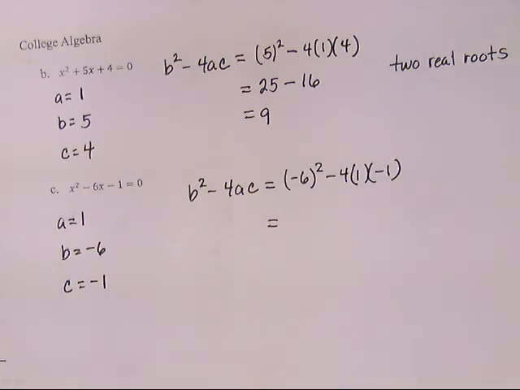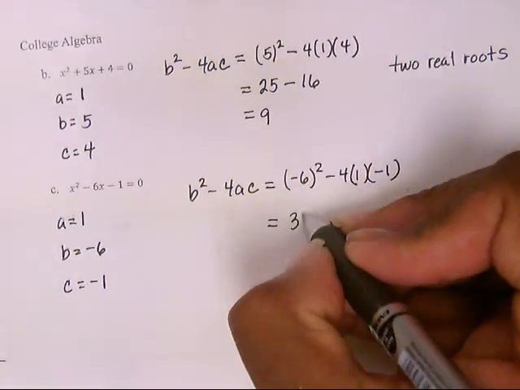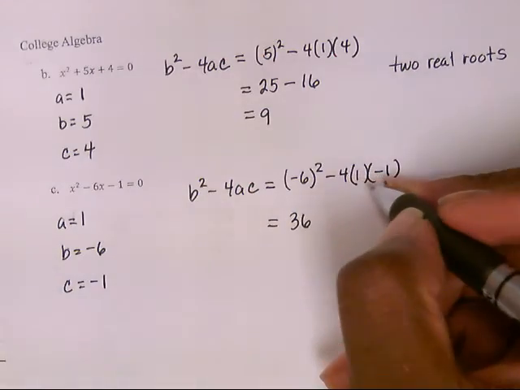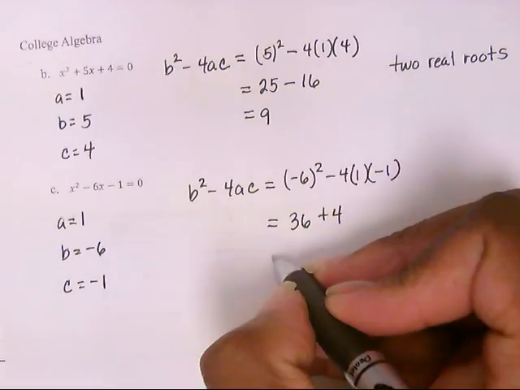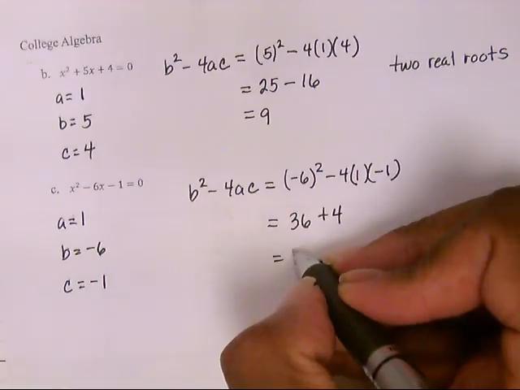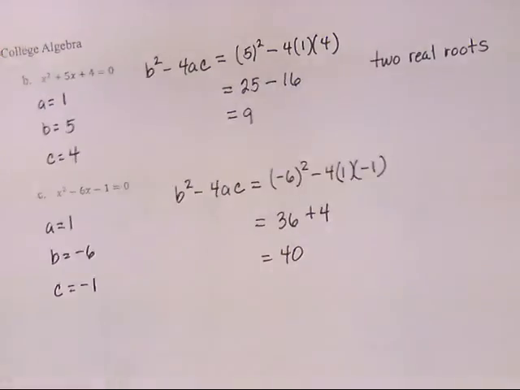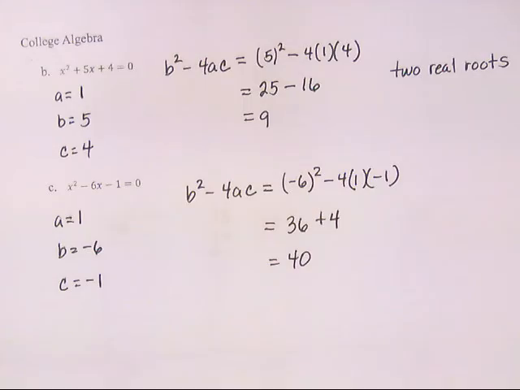Negative 6 squared would be 36, positive 36. Minus 4 times 1 would be minus 4, times that minus 1 would be a plus 4. 36 plus 4 would give you 40. And 40 is a positive number.